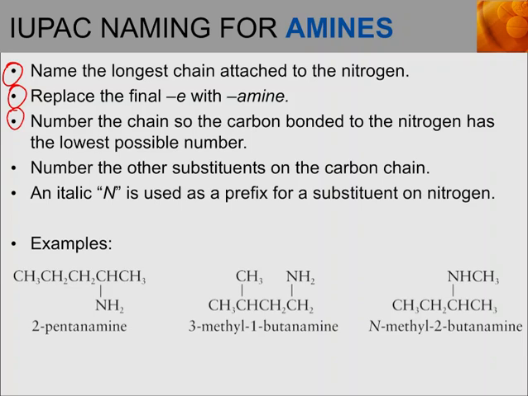Then if there are other groups attached to that chain, we'll number the other groups. And let's say that you have a secondary or tertiary amine. That would mean that there are alkyl groups attached to nitrogen, so we want to tell people that there are those extra groups attached to the nitrogen. In order to do that, we're going to add an italic N as a prefix for a group on nitrogen, also called a substituent.